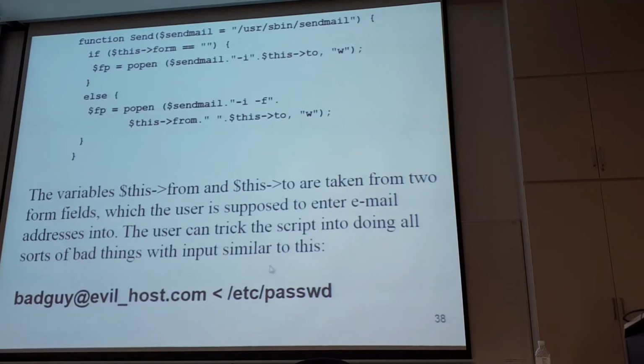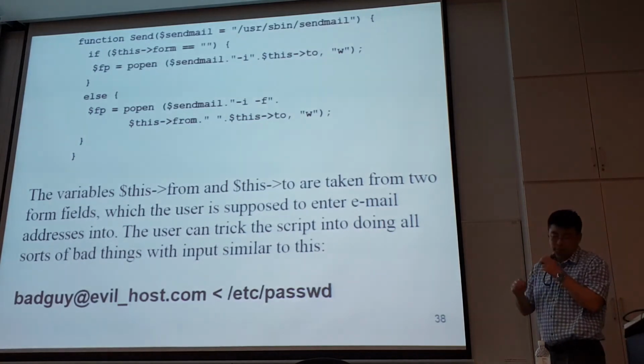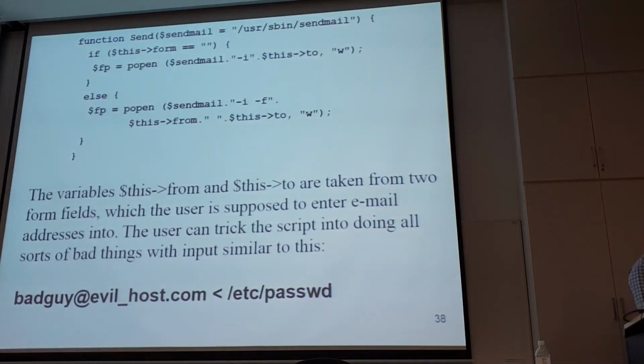But now you add something extra here. Instead of just putting the plain address, if you have this kind of code, this is the receiver address, and put this one, that means you use this password file as an attachment. This password file will be used as an attachment, and then sent to the malicious attacker. So in this case, the attacker will obtain this password file.